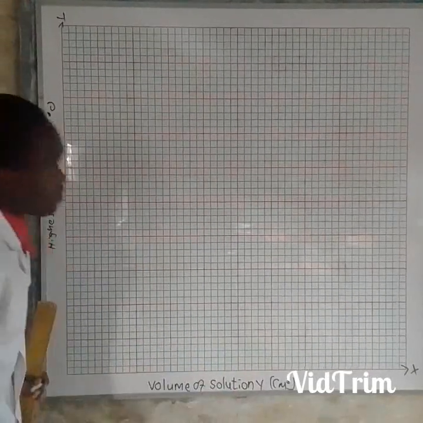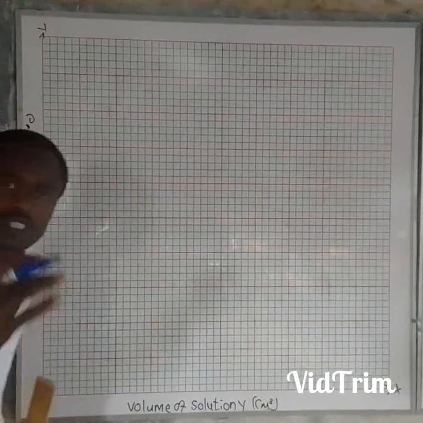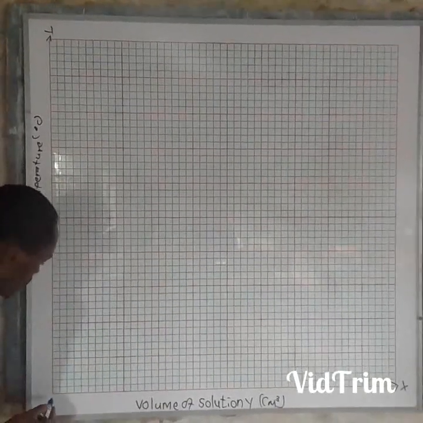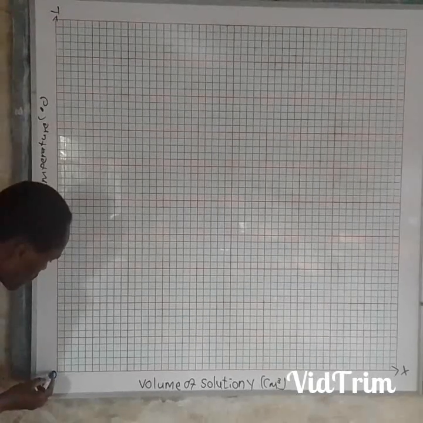And when I look at the values for the volume of solution Y used, the highest volume is 32. So when I'm choosing my scale, I can assume the origin is 0.